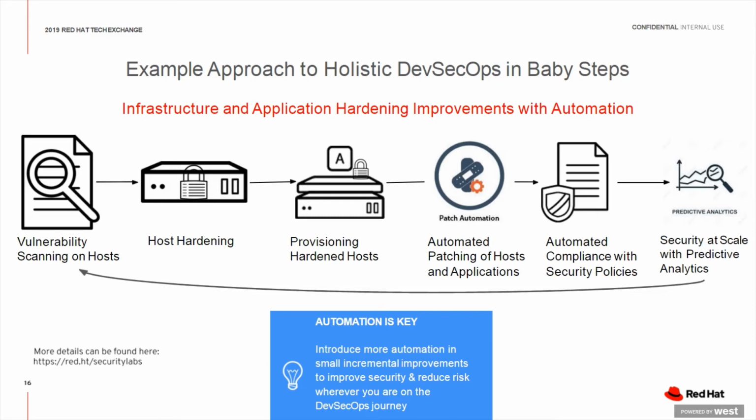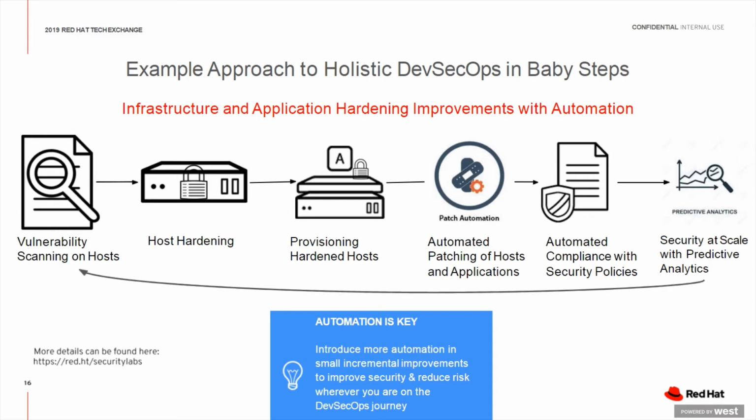For example, you want to do full vulnerability and compliance scanning at scale across all your hosts. Do those host hardening steps like locking down SSH. Make sure you have a strategy in place to provision hardened hosts in an automated fashion. Have a strategy in place for automated patching, right?